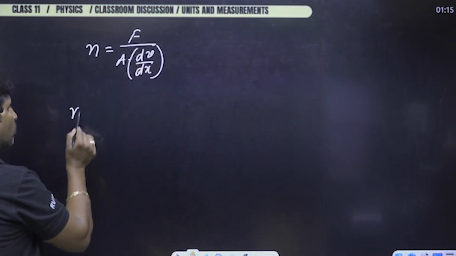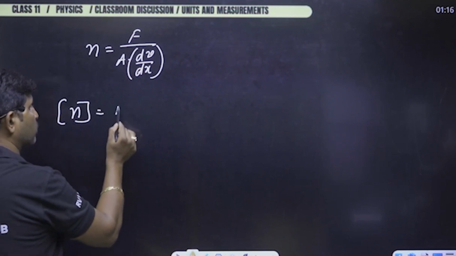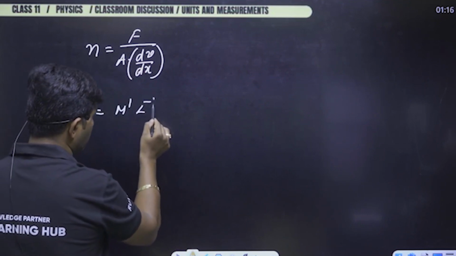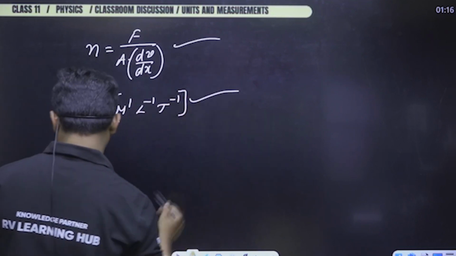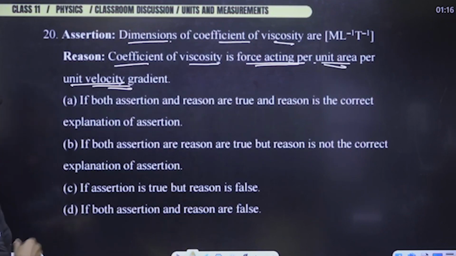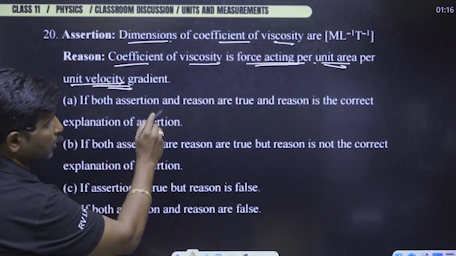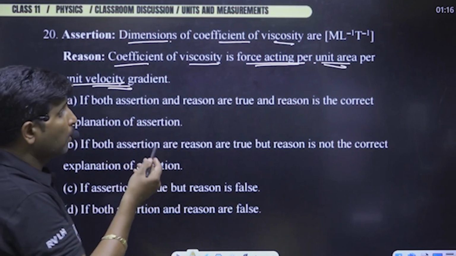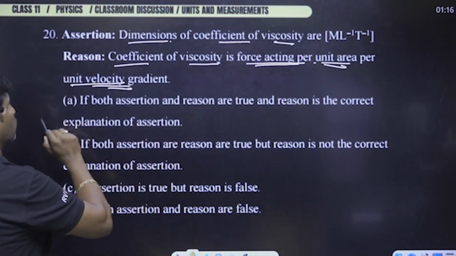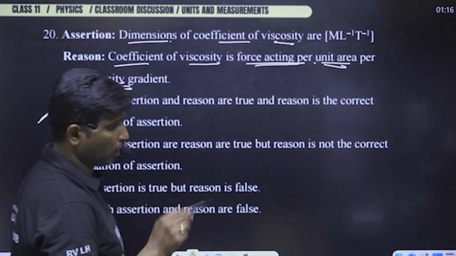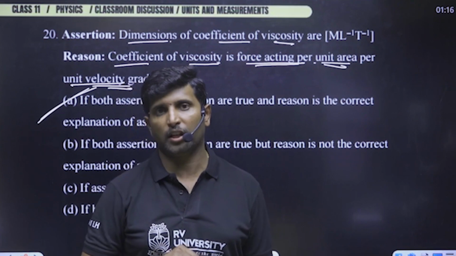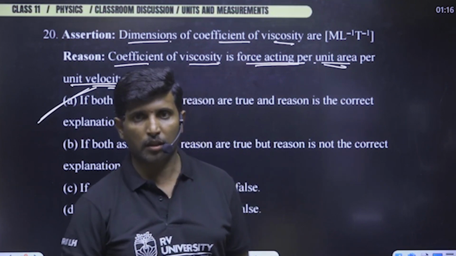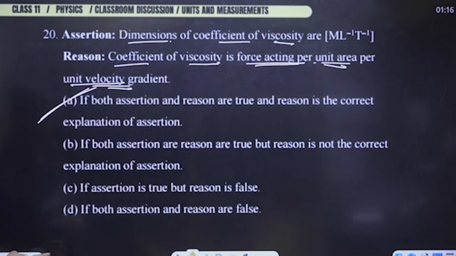So whenever we go with the coefficient of viscosity dimension, we can say M power 1, L power minus 1 and T power minus 1. So we can say both are correct. So we can say assertion and reason both are true, and the reason is the correct explanation of the assertion. Hence we can select option A as the right answer. Option A is the right answer. Is it clear? I hope you understood these questions here. So please go through it once again.